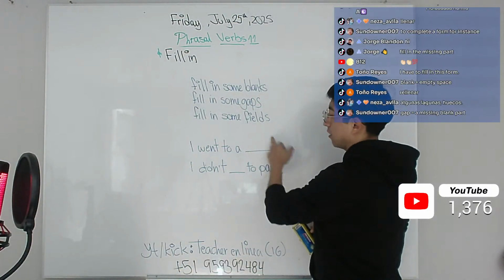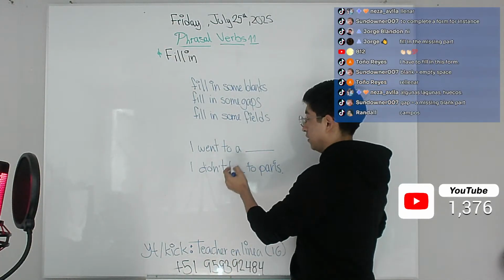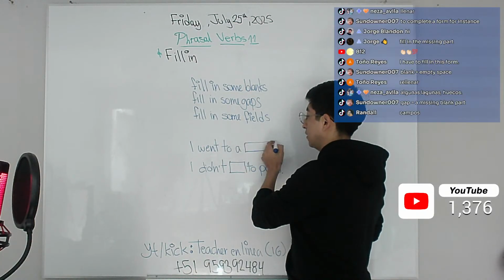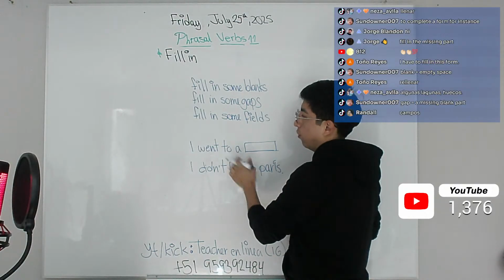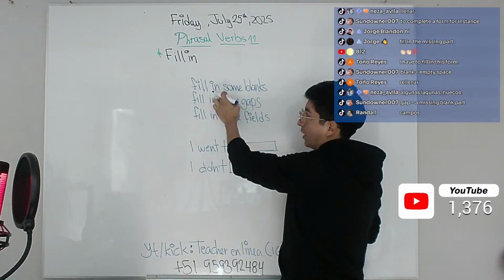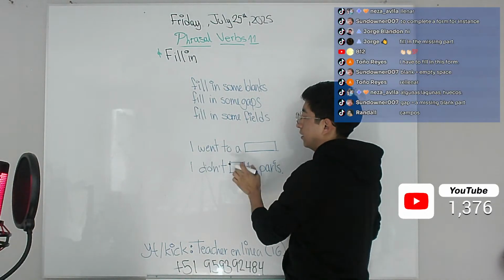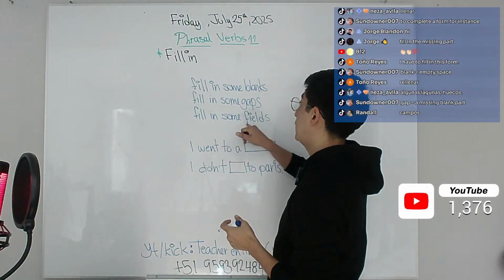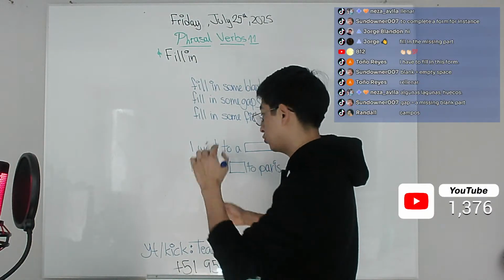These are gaps, or maybe we can even write here a square. You can say complete the missing information or the missing words, or you can say please fill in the missing words in the blanks. Now, when we're talking about filling fields, we refer to documents.